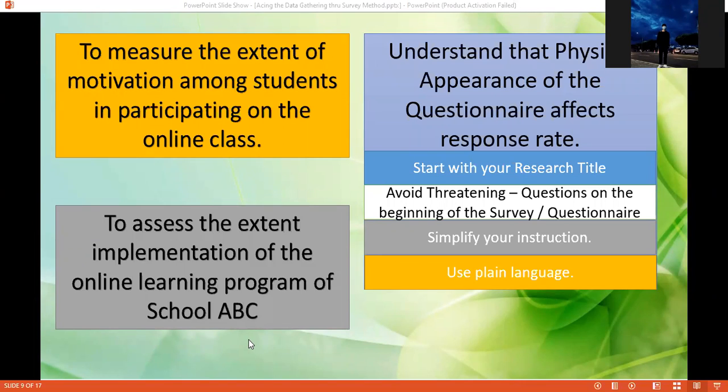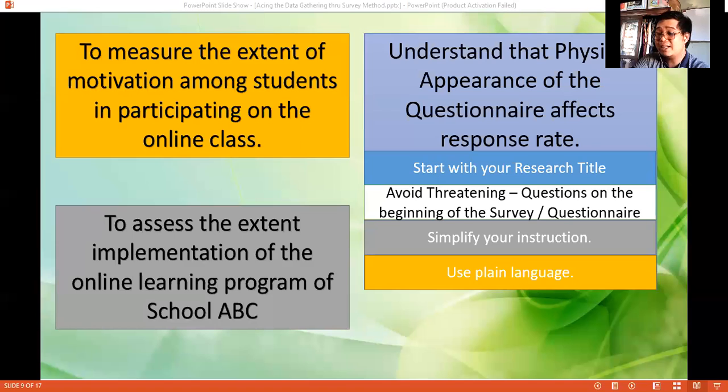Anong ginagawa nila? Usually they opt to go to number 3 or the middle response because usually the middle response is the neutral, the most neutral. Okay? And many respondents will tend to opt on the neutral part because that fits them. Okay? That is the most conventional.